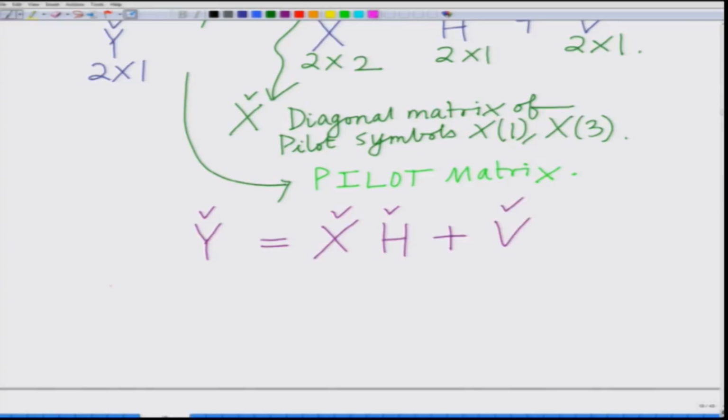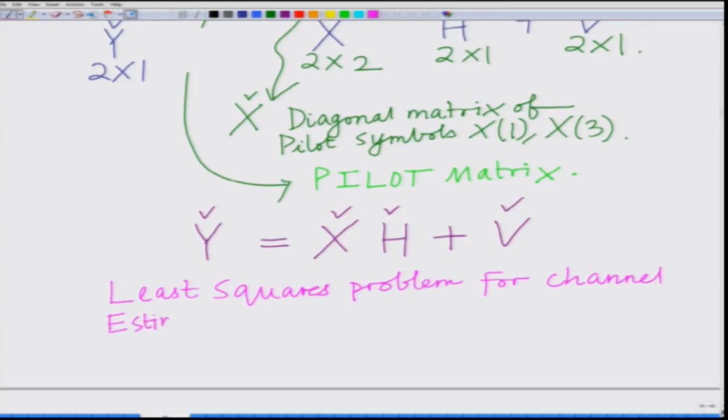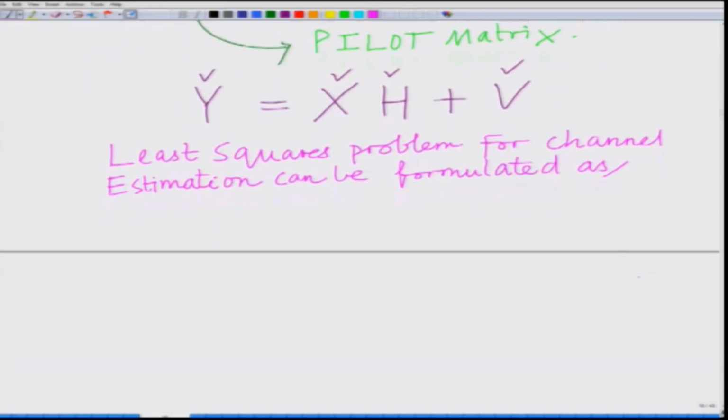Therefore, the least squares problem for channel estimation can now be formulated as the norm of y check minus x check h check, whole square.